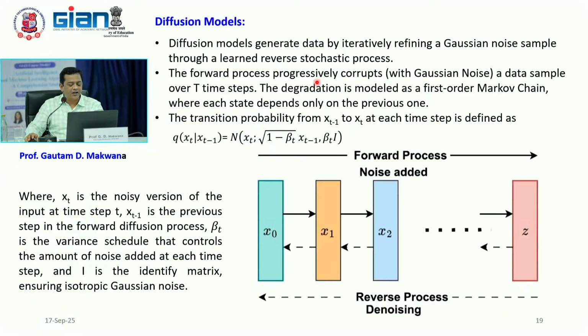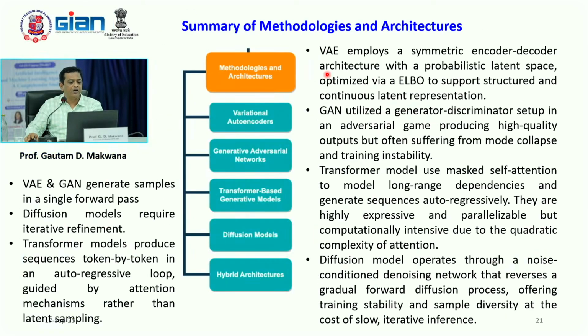So these are the models used in generative AI. One is the VAE. Second is the GAN, generative adversarial network. Then the fourth one is the transformer models, and the last one is the diffusion model.